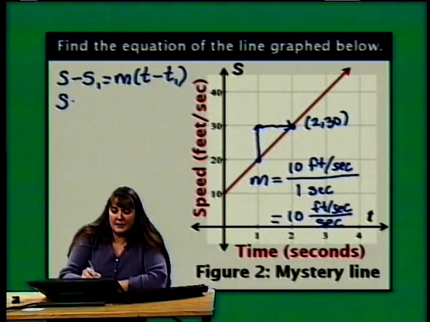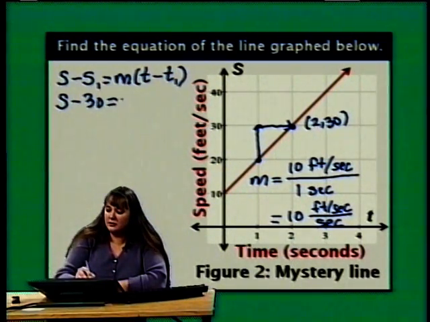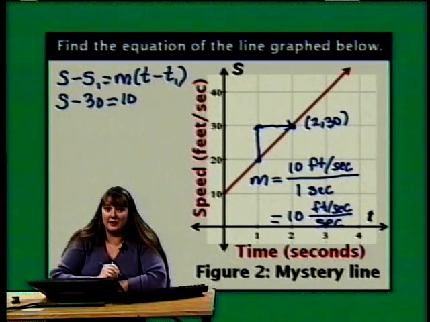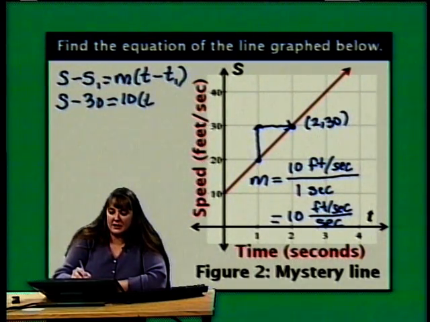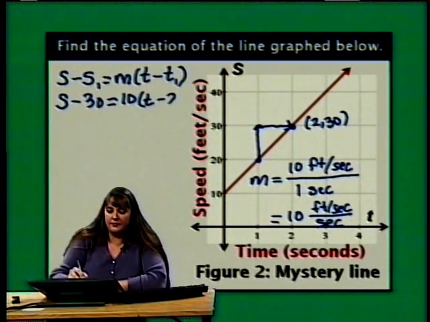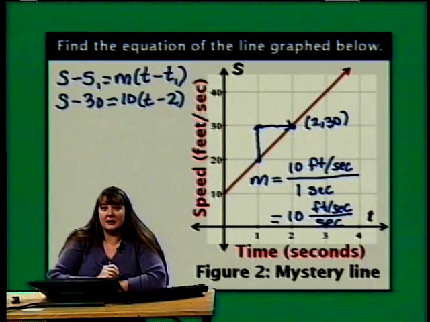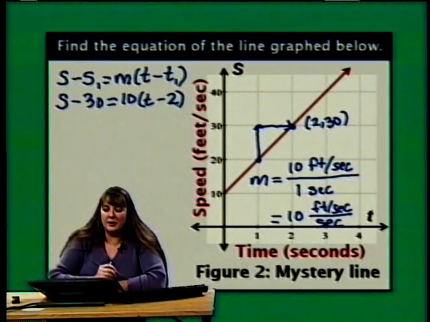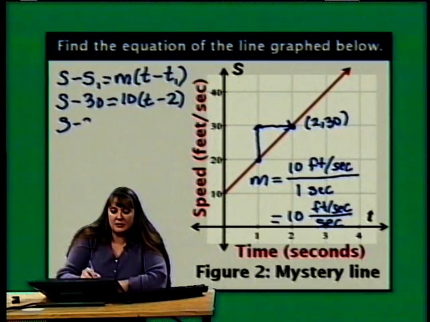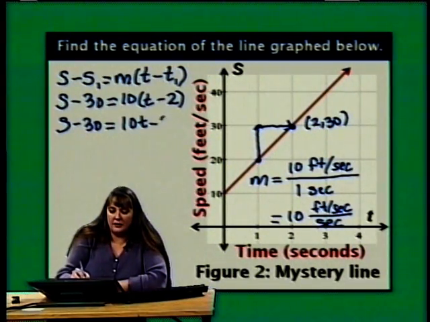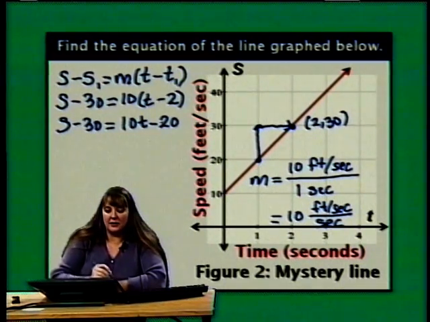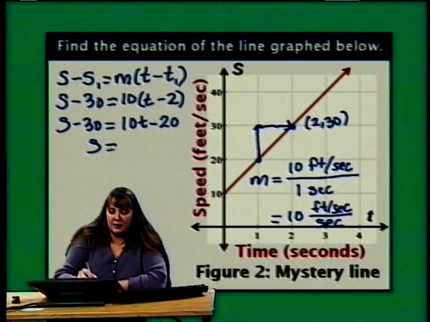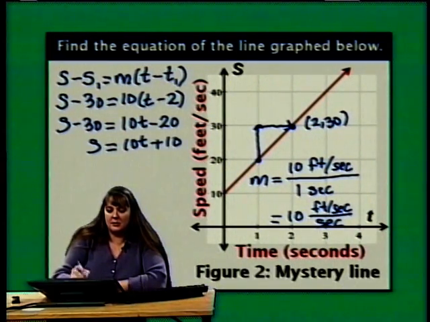So we would have s minus 30 equals the slope, the numerical value is 10, times t minus 2. Let's go ahead and solve this for s, so our equation will be in slope-intercept form. So s minus 30 equals 10t minus 20. Adding 30 to both sides, we have s equals 10t plus 10.